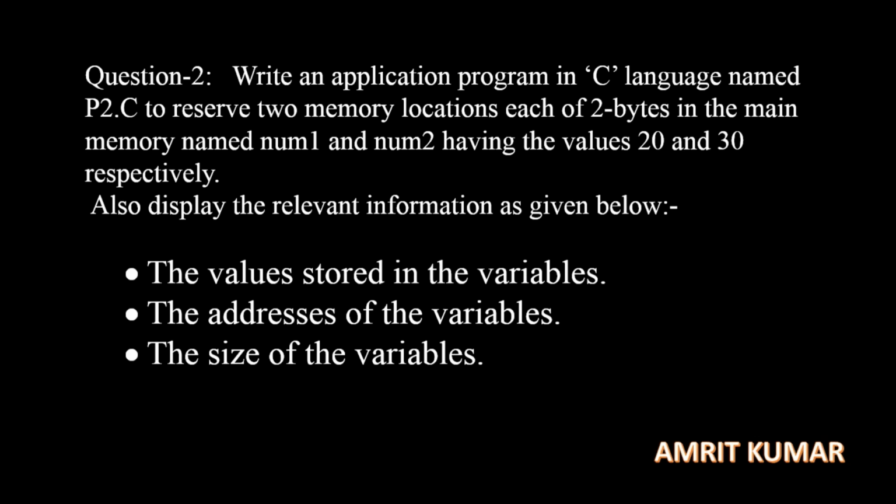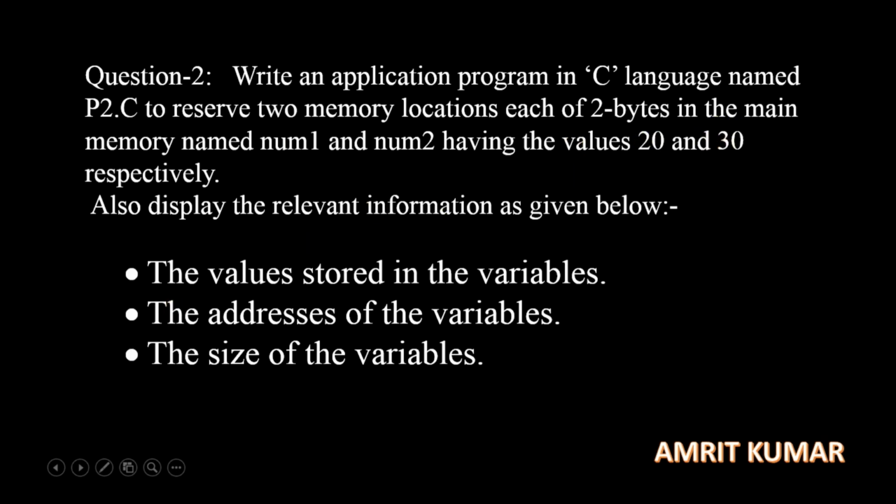Therefore we will use integer data types, and the variable names must be num1 and num2, because it is given here. num1 contains the value 20 and num2 contains the value 30, so we need to declare them here.